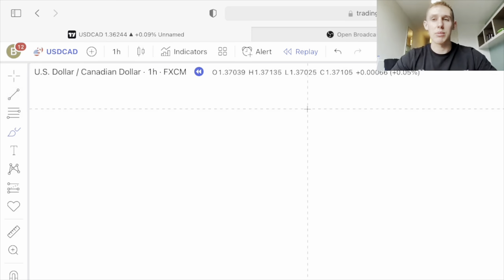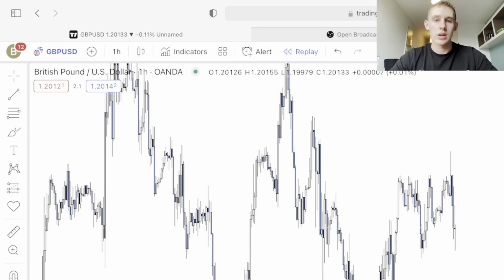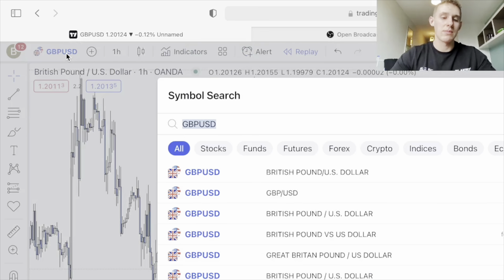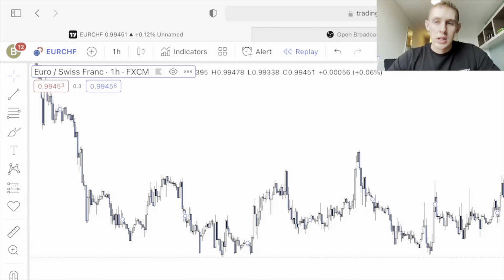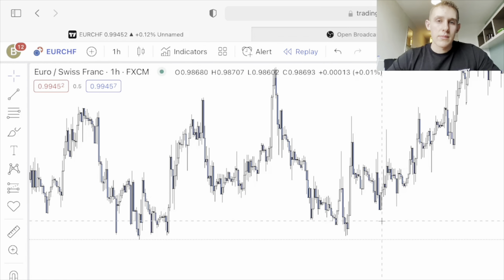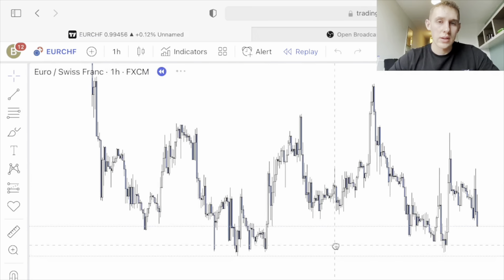If I show you an example of this, same example as earlier on GU. So you can see that, actually I have a better example, Euro Swiss. Believe it was here.